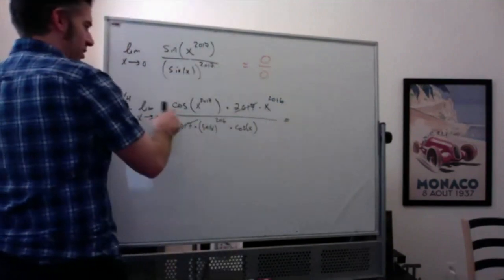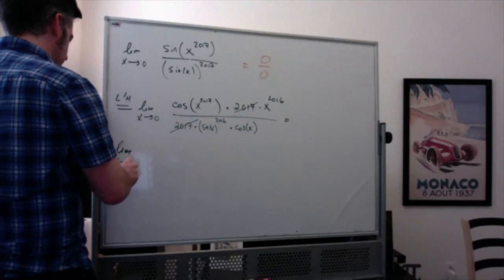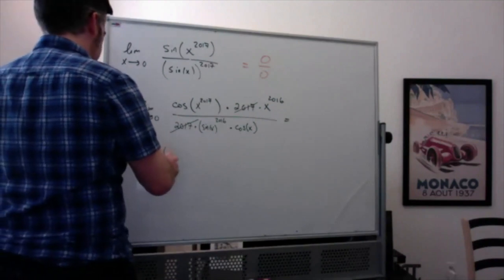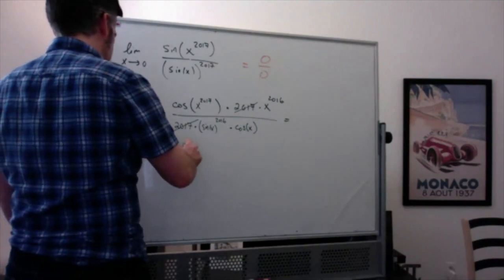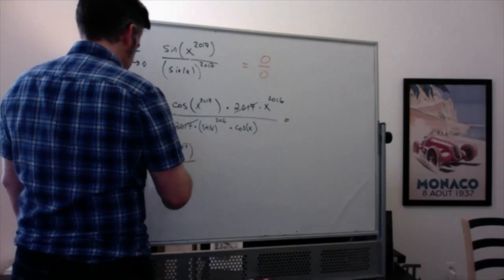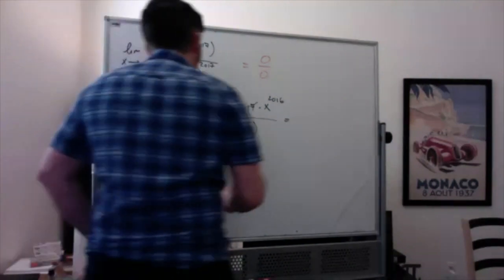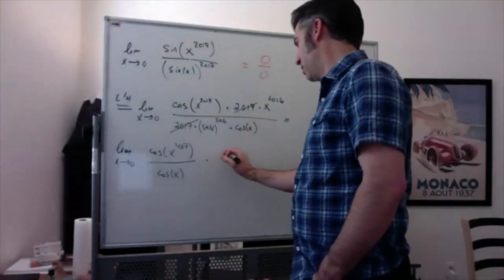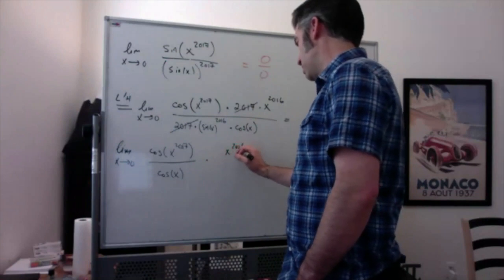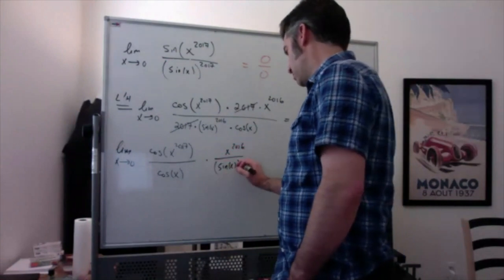I'm going to keep my cosines together, so it's going to be the limit as x goes to 0 of cosine of x to the 2017 divided by cosine of x. Sadly, we can't simplify this, it just is what it is. And then I've got x to the 2016 over sine of x to the 2016.